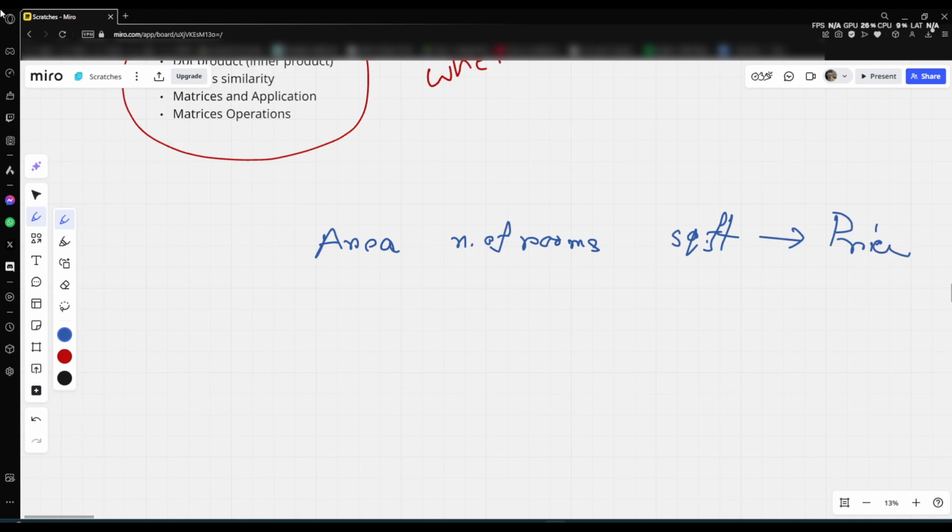Okay, so suppose the location is USA or New York. This is New York, and the number of rooms is 4 maybe, and square feet, what can I say, could be any number, and based on this the price is 45k maybe.